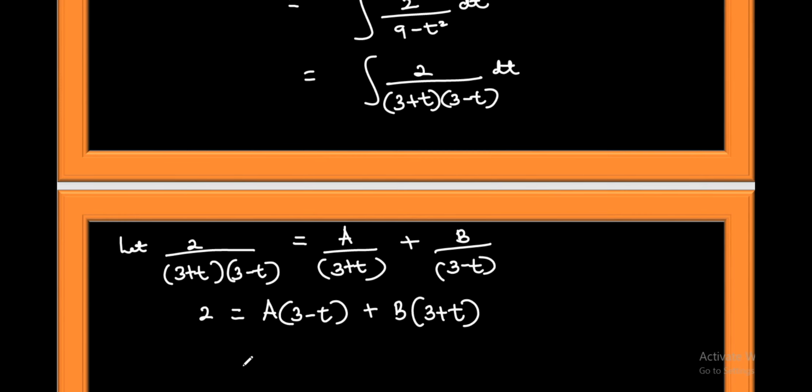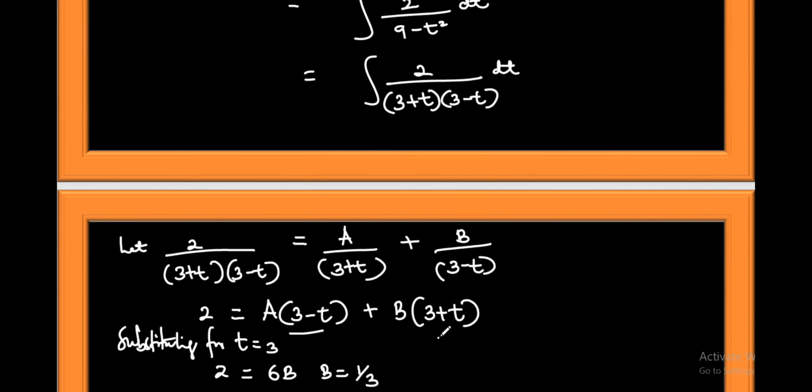Now, from here, we can substitute for t as 3 because of the first factor here, so that we have 2 is equal to 6b. Definitely the value of b becomes 1 over 3.